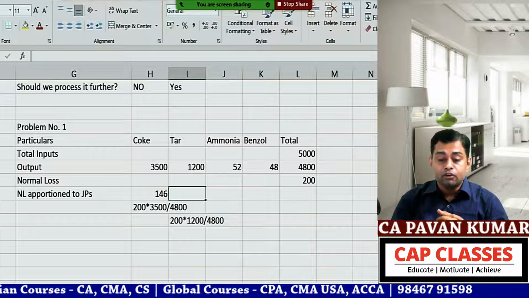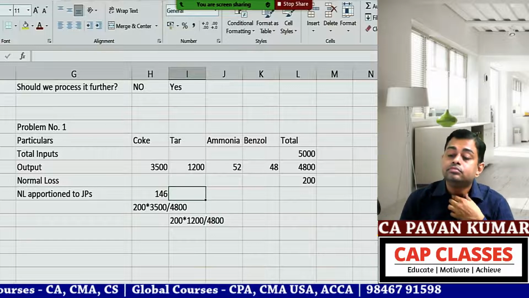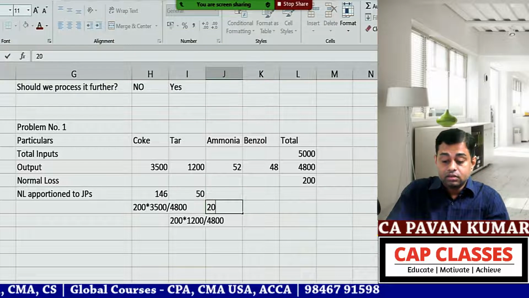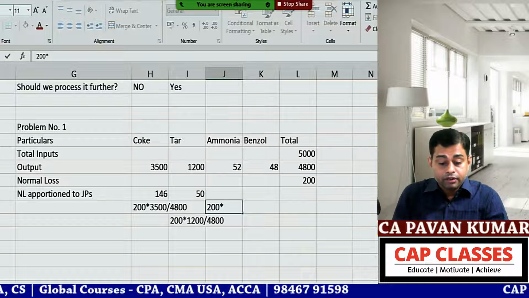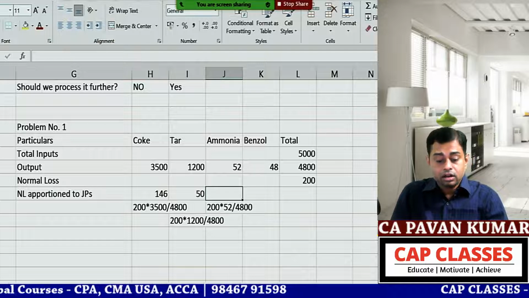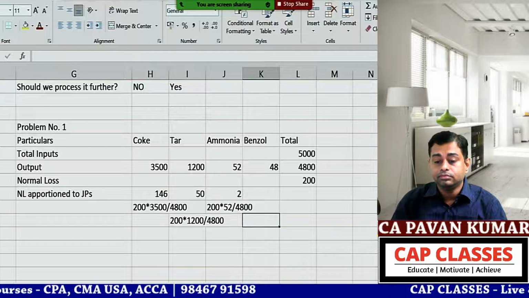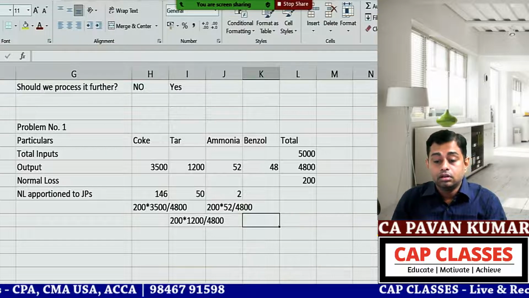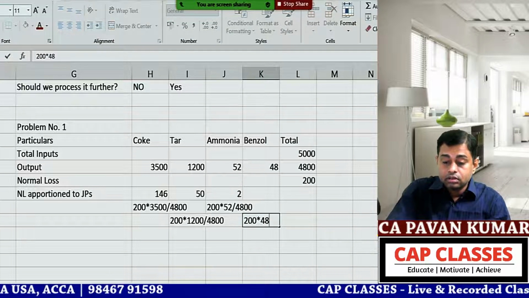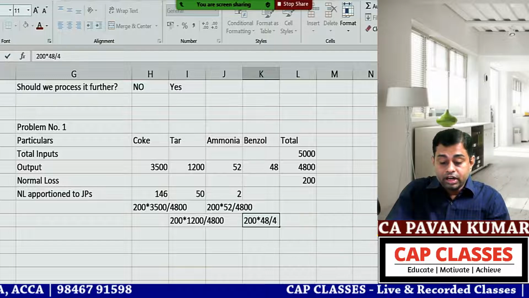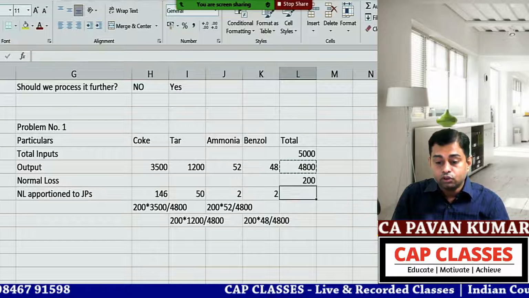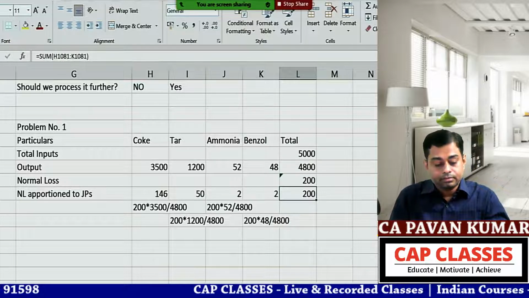It seems to be 1/4, so it should be 50. Third one is 200 into 52 divided by 4,800. That is 2. Last one, 200 into 48 divided by 4,800. This is also 2. So add this for 200.